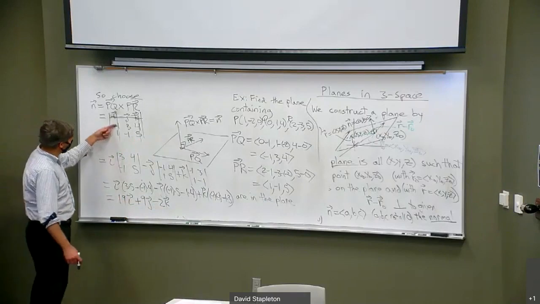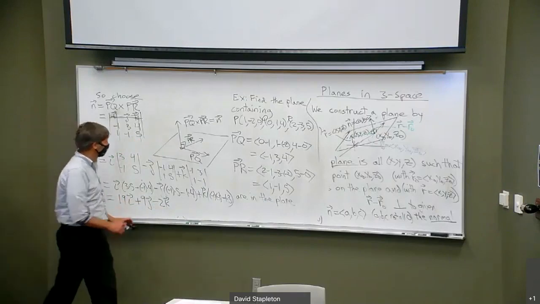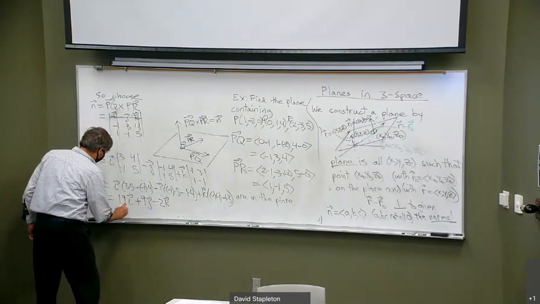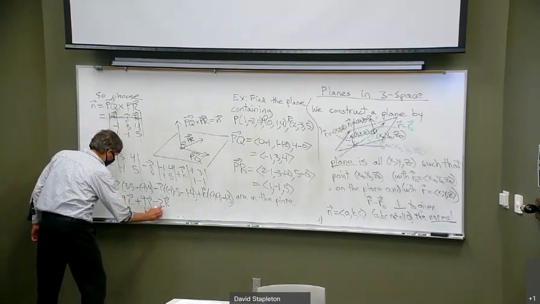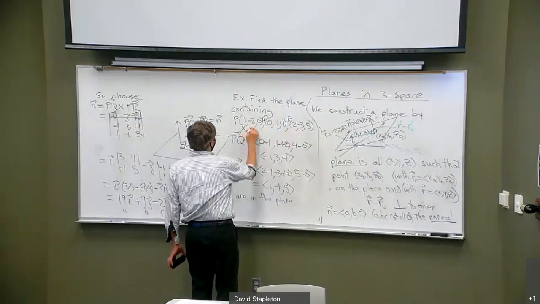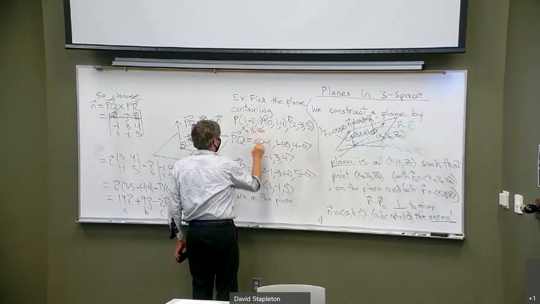Take the dot product with the two original vectors, see if it's 0. Well, now this is A, B, and C for the plane, since it's perpendicular to both of the vectors in the plane. We can take any one of these 3 points as the point in the plane. Let's just choose the first one to be easy.